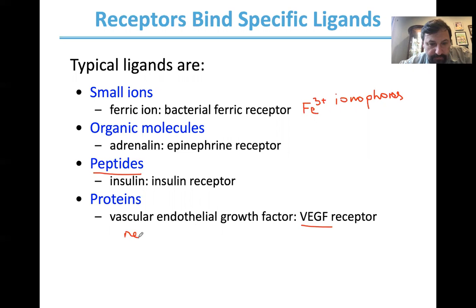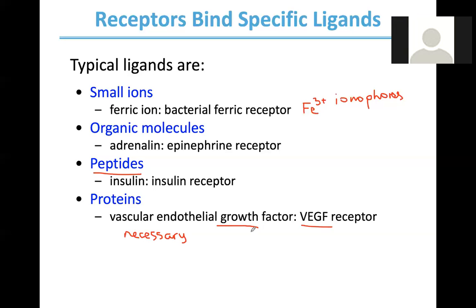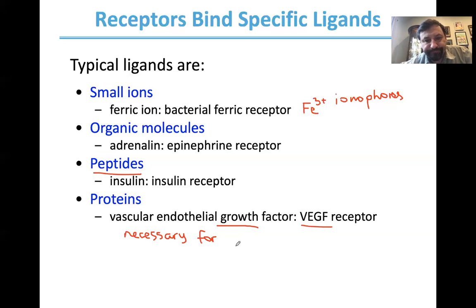Does anybody know what happens if the vascular endothelial growth factor binds to the VEGF receptor? Is it vasodilation? No. The key word here is growth. So it's a growth factor. What do growth factors do?